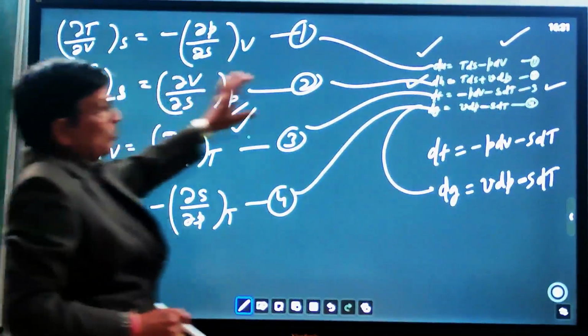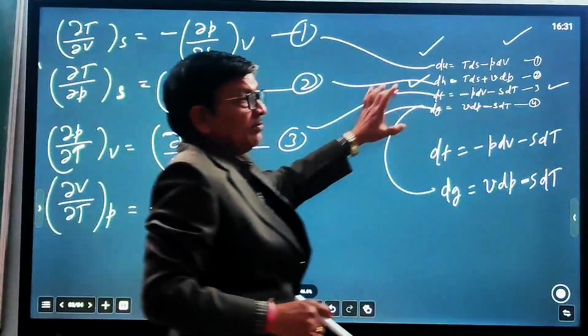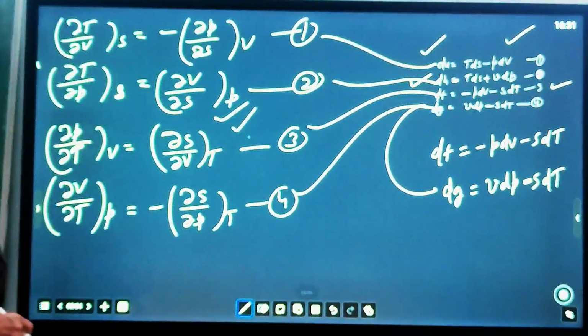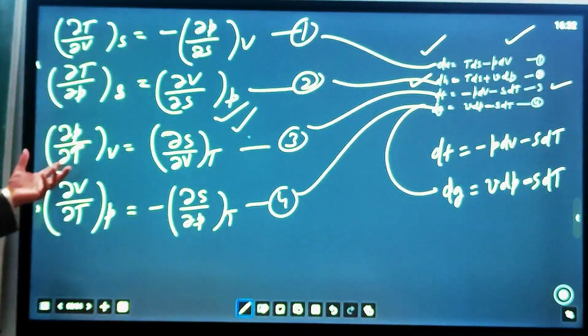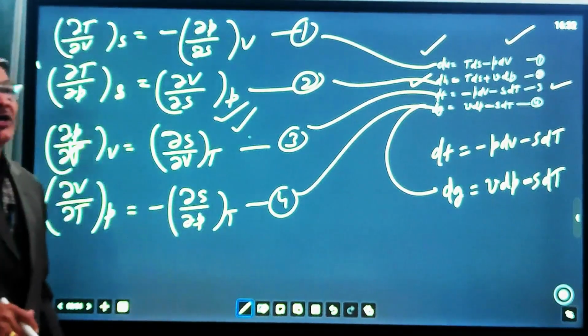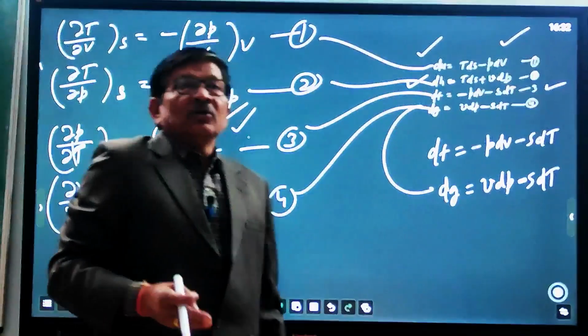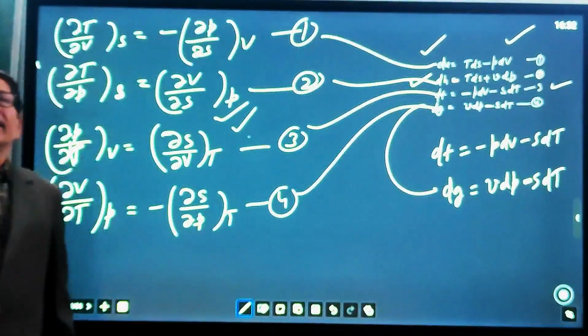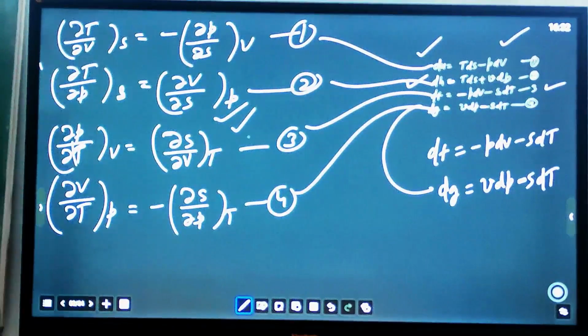Otherwise, you will always make a mistake in relating them, because in IES objective type examinations, GATE, and various public sector examinations, these relations are asked to find which one is wrong.